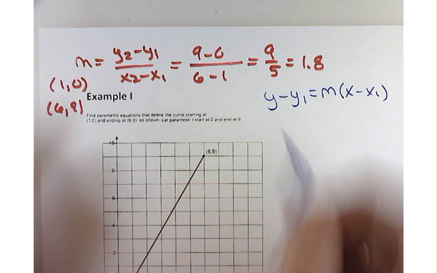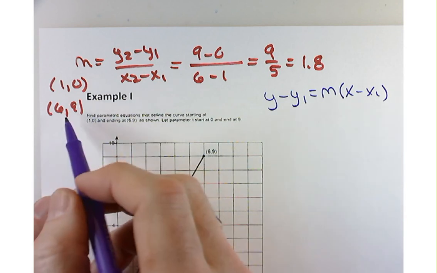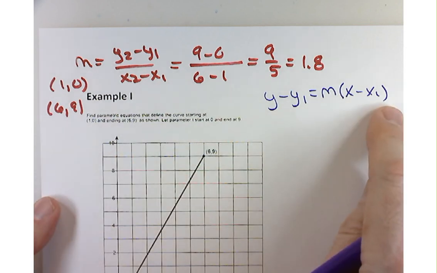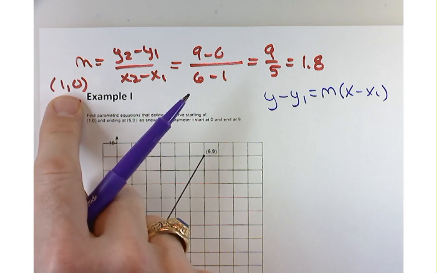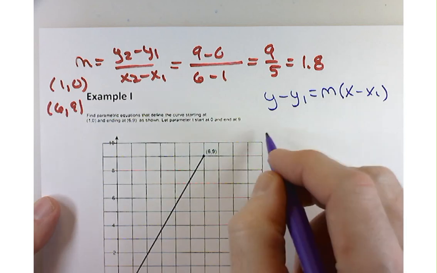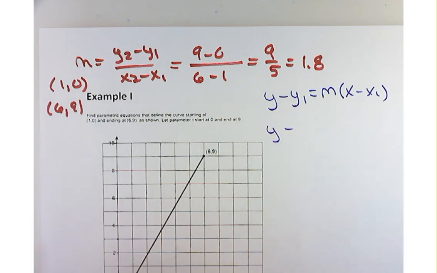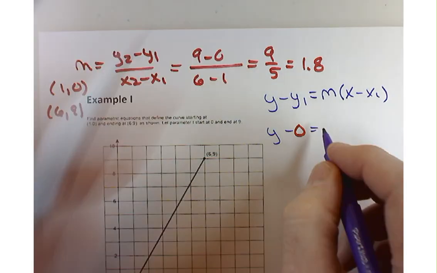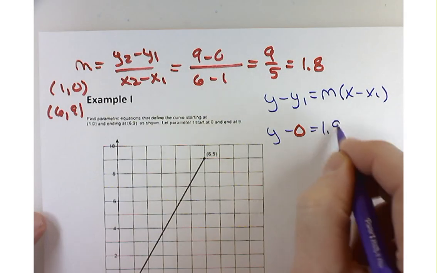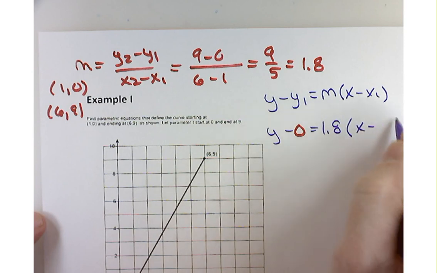So let's pick one of the points here for my x1 and y1. I don't know about you, but I'm liking the simpler point. Why not? You don't get bonus points for making it hard on yourself, so let's choose 1 and 0. So it's going to be y minus 0 equals m, which is 9/5 or 1.8 times x minus 1.